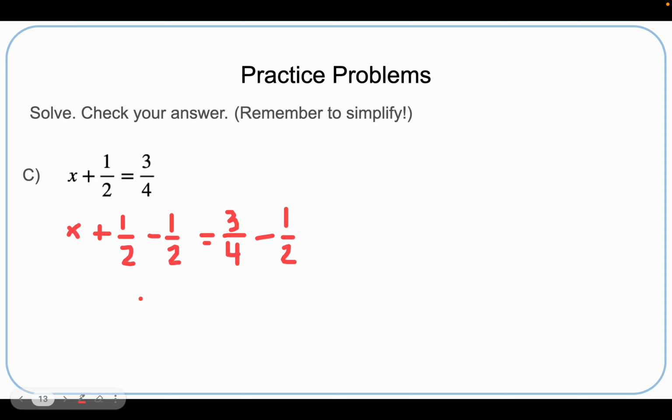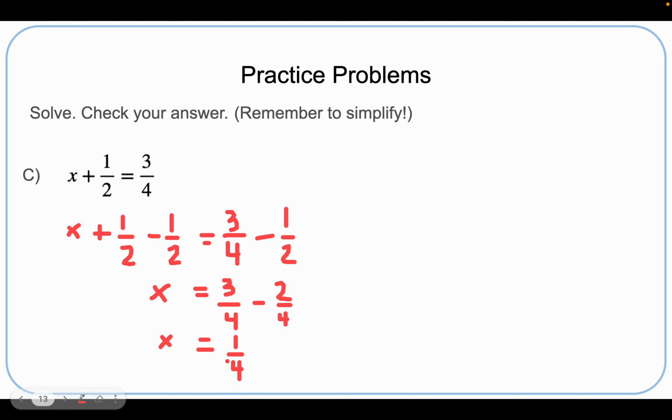Then our next step is to simplify, so we're left with x on the left side of our equation, and then we need common denominators to be able to subtract our fractions. So common denominator is 4 here. So 3/4 minus 2/4. Simplify some more, we get x equals 1/4.